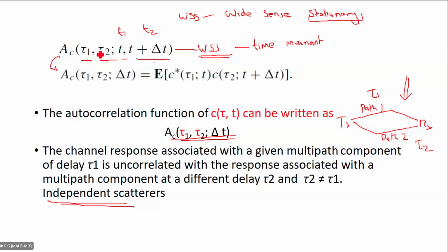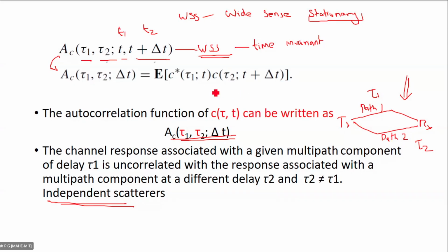So AC of tau 1 comma tau 2, t comma t plus delta t can be written as AC of tau 1 comma tau 2, delta t, by assuming a wide sense stationary channel. And the equation for that is expectation of C star tau 1 t into C of tau 2 t plus delta t.